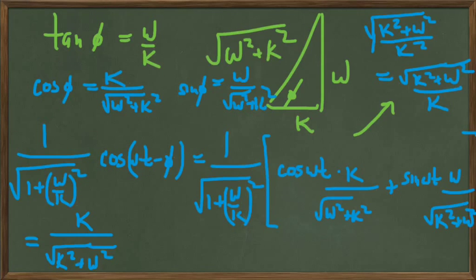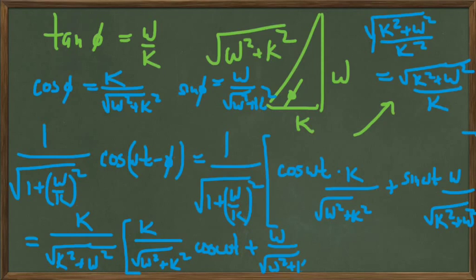But that's the same as k in this numerator, so we're going to distribute that across. Let's change the order here. K over omega squared plus k squared cosine omega t plus omega over k square root of omega squared plus k squared times sine omega t.